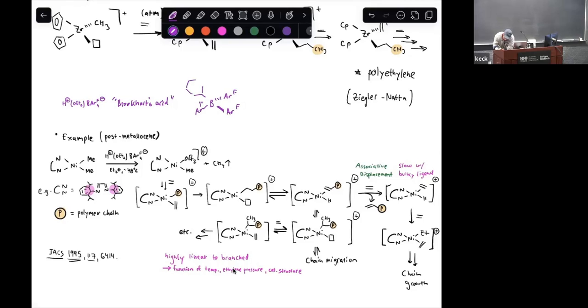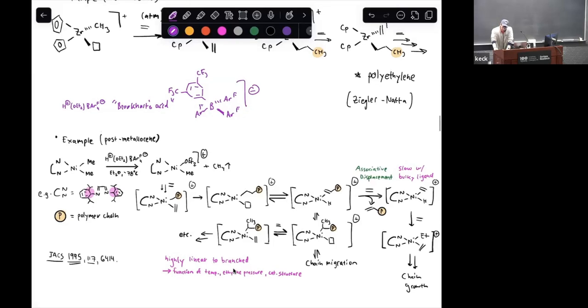So if you want to encourage formation of cationic complexes to increase their reactivity, this is the way.